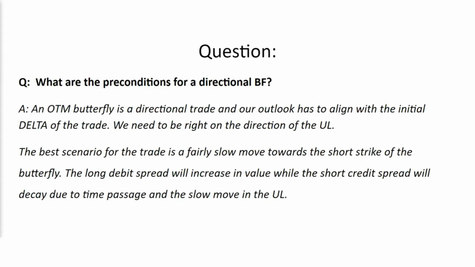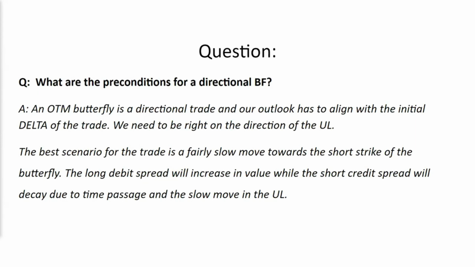But initially, we need to be right on the direction. So if we're bearish and we're placing the butterfly out of the money to the downside, we need the underlying to move towards our short strikes. An out of the money butterfly is a theta positive trade. So sure, decay will help, not initially, but over time.